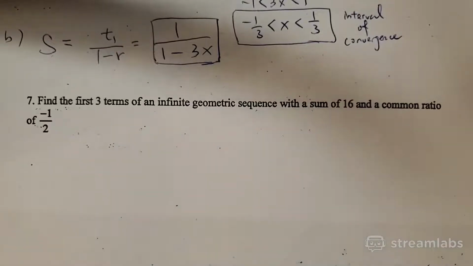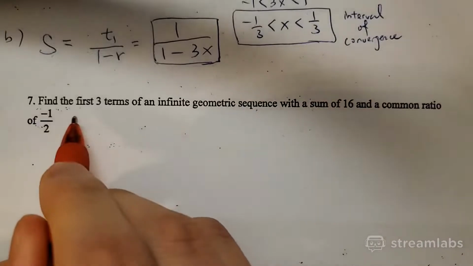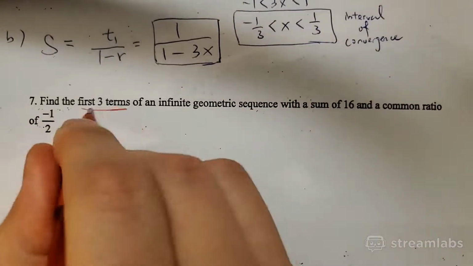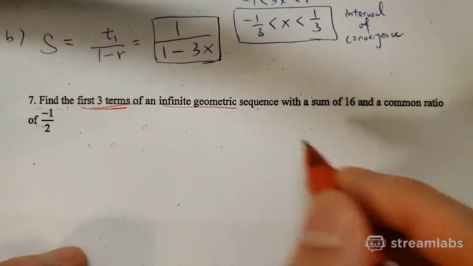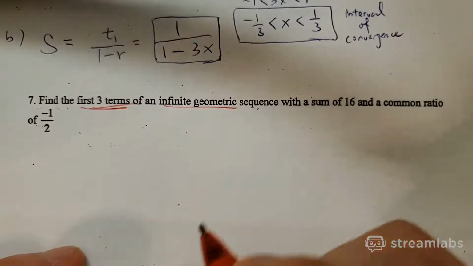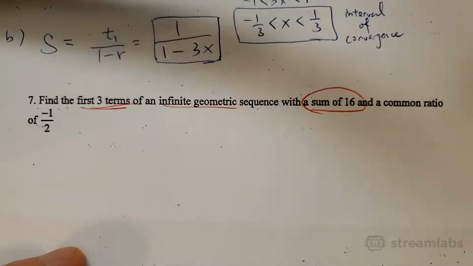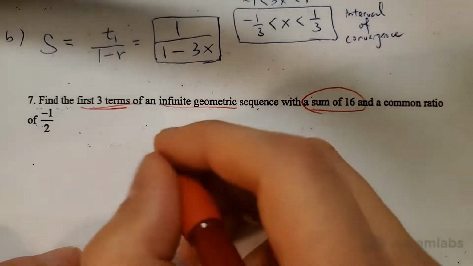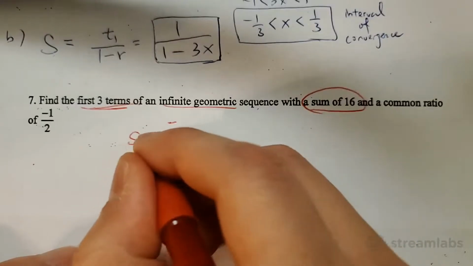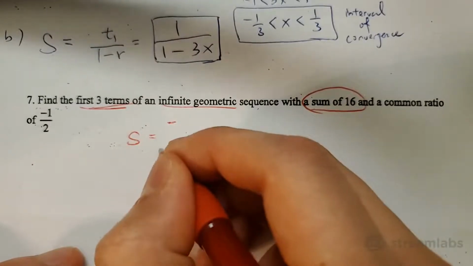So let's try to write down some stuff. Okay, so first 3 terms of an infinite geometric sequence, a sum of 16, right? So if you think about sum of 16, what is sum?